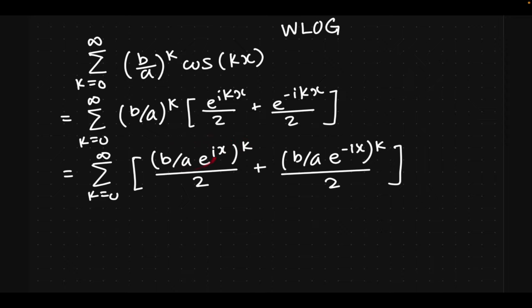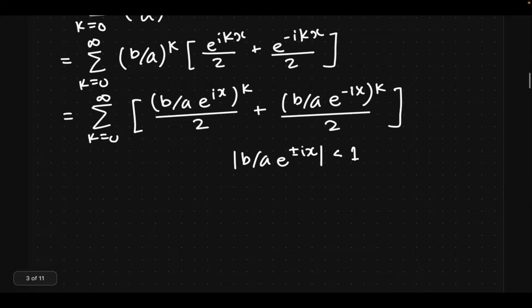So when we impose that for both of them, we have b over a e to the plus minus ix, that's combining both of them, has to be less than 1. Well, if we take the complex magnitude, and we will have to, because e to the ix is a complex number, we will end up with the condition b over a is less than 1.